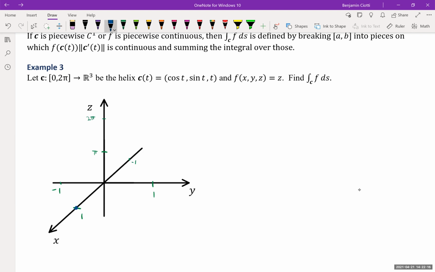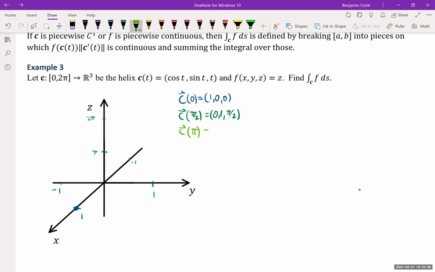So this is going to go through the point 1, 0, 0. C of 0 is 1, 0, 0. C of pi over 2 is 0, 1, pi over 2.